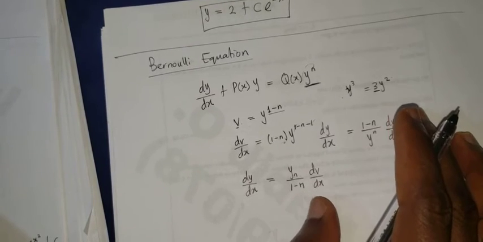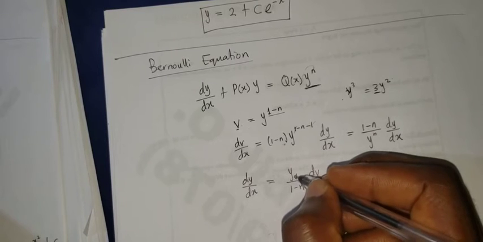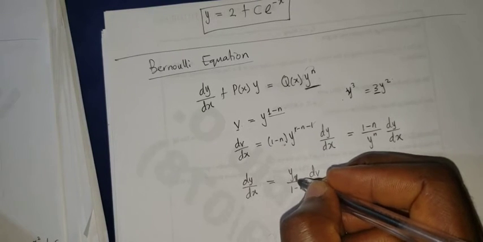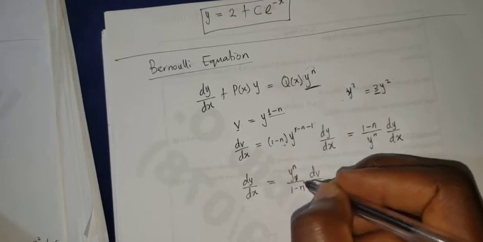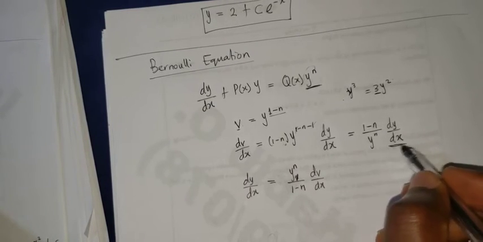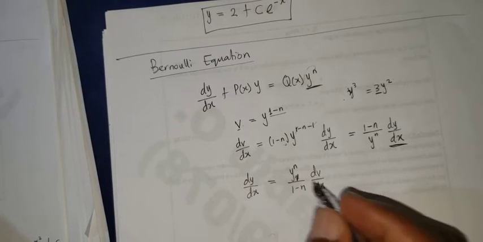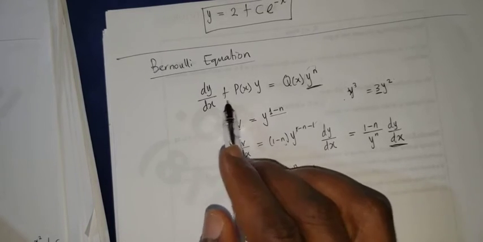So this is going to be y to the power n, not y sub n. By making dy/dx the subject from here, you're going to get this, and then you can now substitute that into the original equation.